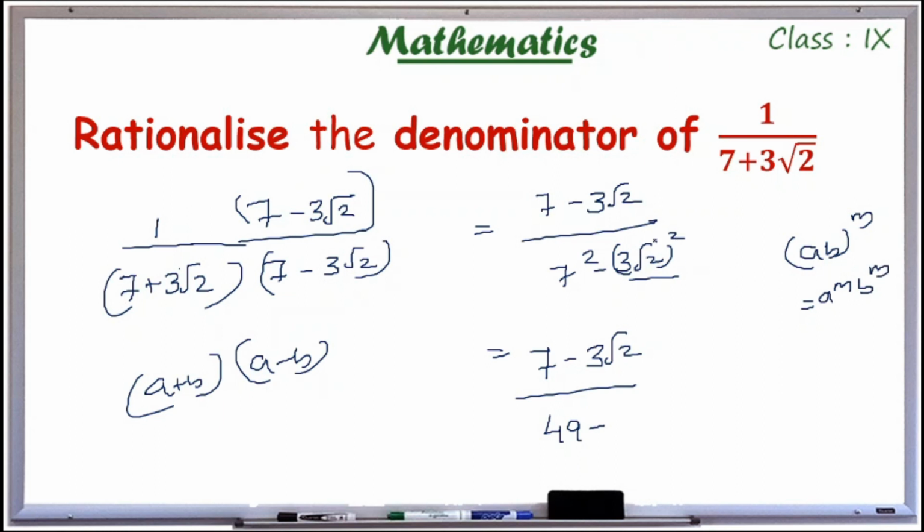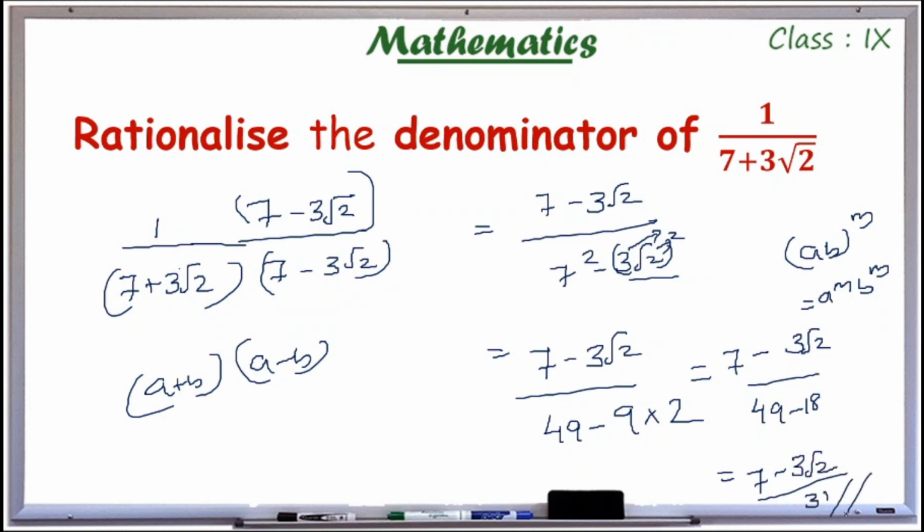You have to give the square to both 3 and root 2. 3 square is equal to 9 and root 2 square is equal to 2. So we get 49 minus 18. 49 minus 18 is equal to 31. So this is the answer.